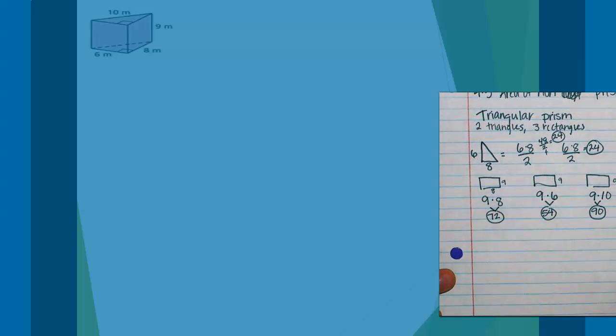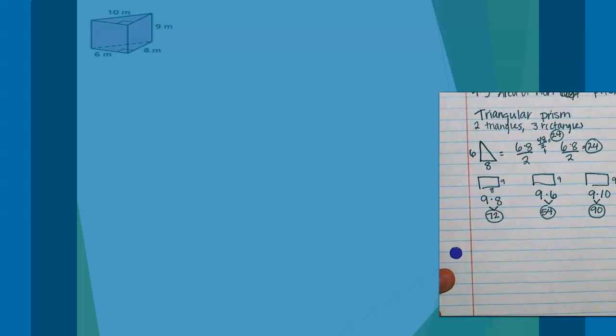So I'm going to add 24, 24, 72, 54, and 90. I can think to myself, okay, this triangular prism has 2 bases and 3 faces, so I should have 5 total numbers because this side is 1, this side is 2, that long side on the back is 3, and then the top is 4, the bottom is 5. So I have 5 different areas, so that is great. I know I've covered each face.